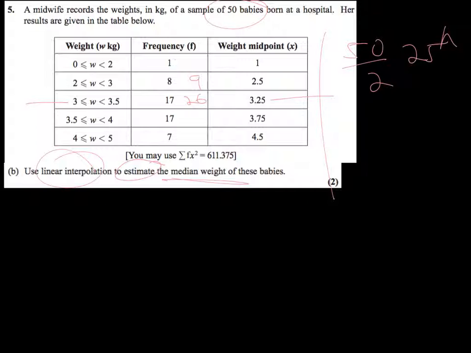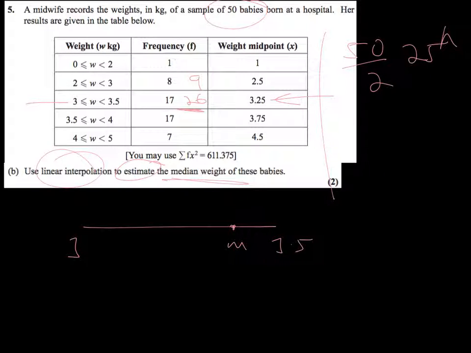So this is the class interval that we are interested in. We know that it's going to start with 3 and it's going to finish with 3.5. And we know that somewhere probably towards the end, because we're looking for the 25th and the last piece of data in this 26, so somewhere near the end is going to be the median.